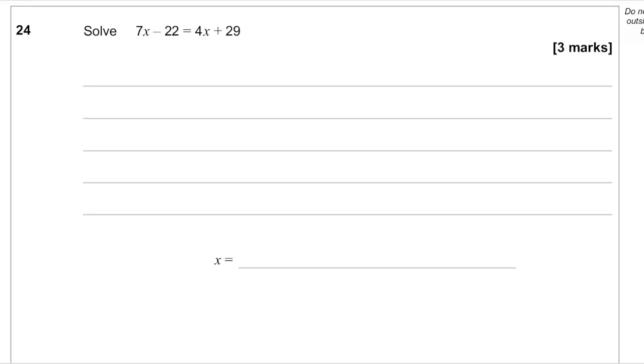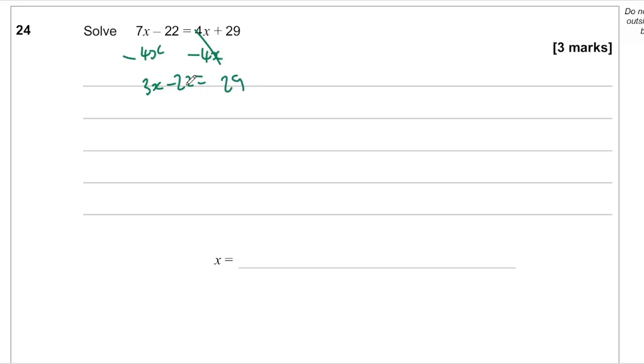Question 24. I'm solving for x, so I need to get rid of the smallest variable of x, so that's 4x. So take away 4x from both sides. 7 take away 4 gives me 3. Still got the 22, I've not done anything with that. 4 take away 4 is nothing, and I've got 29.